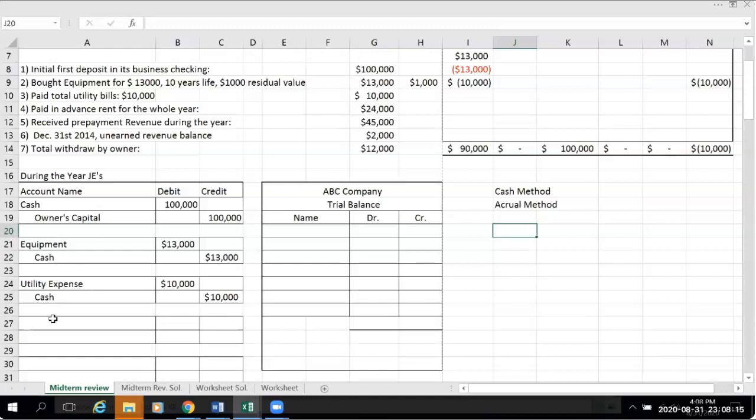So the journal entry will obviously be easy. I go to the second line first because credit is the second line. So cash, $24,000, will be credited.